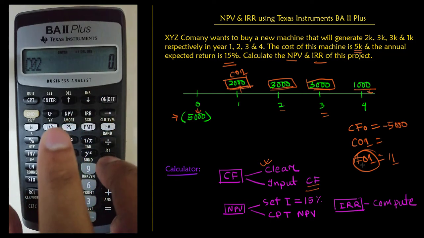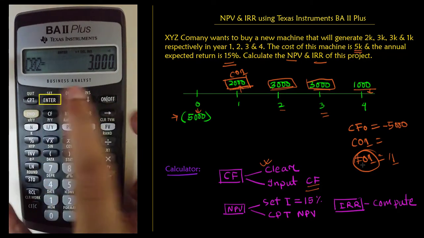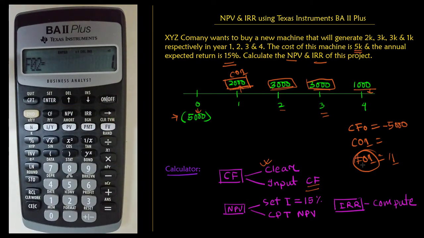But when you go to cash flow 2, you give the input of 3,000, but F02 will be 2 because we have 2 cash inflows of $3,000.